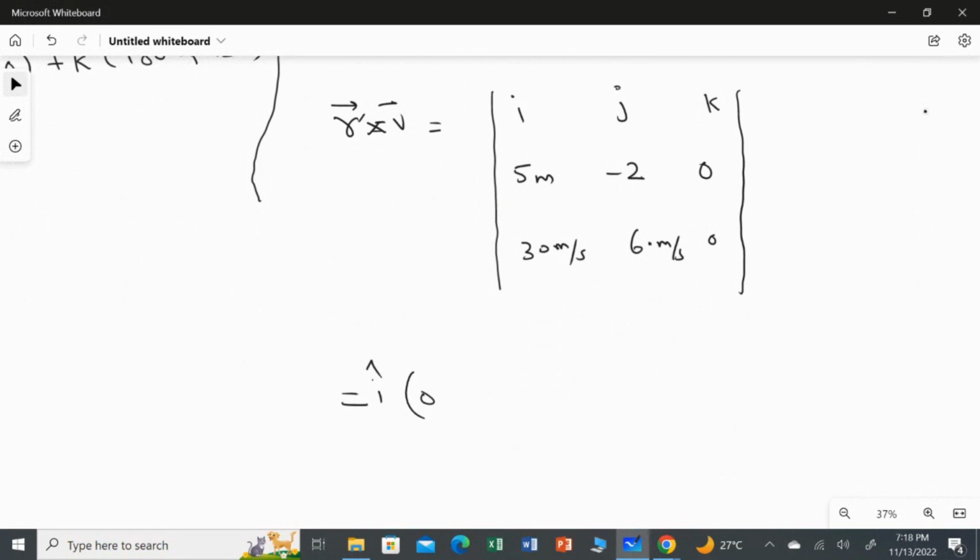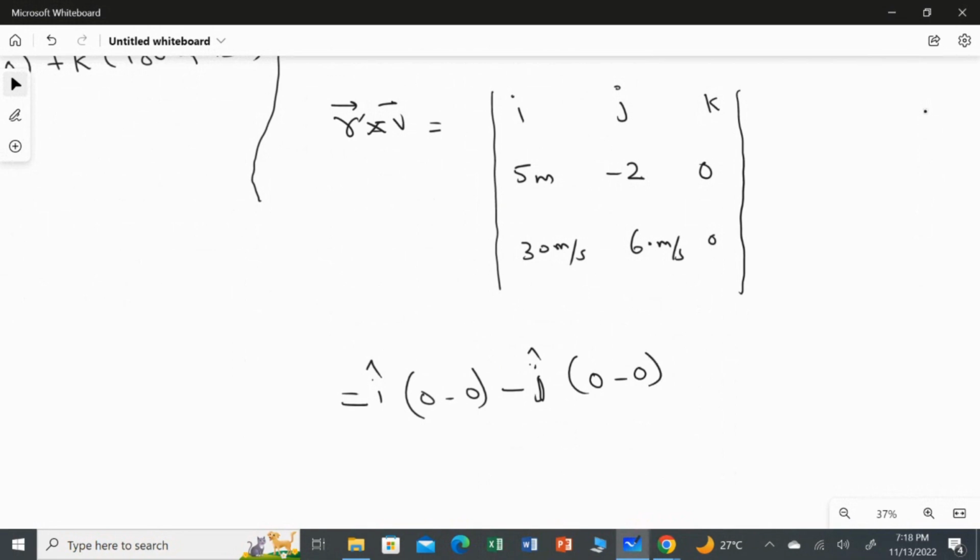Minus of 60 multiplied by 0 is 0. Clear? And the j cap has negative value, so I have to put negative in front of j cap, and I should not touch the first one and the middle one. So again, 0 multiplied by 5 is 0, minus of 30 multiplied by 0 is 0. So again, you will get 0, right?